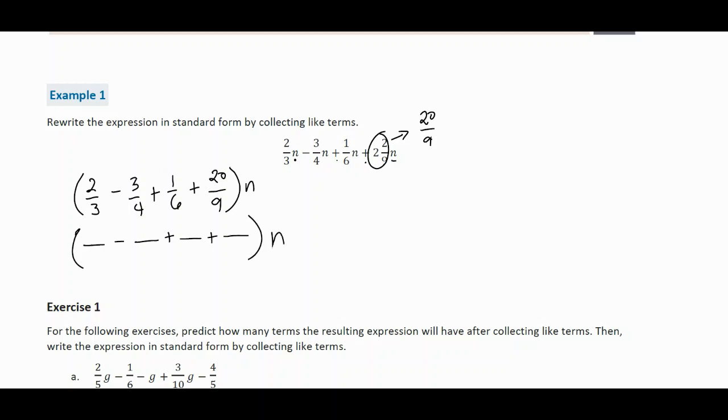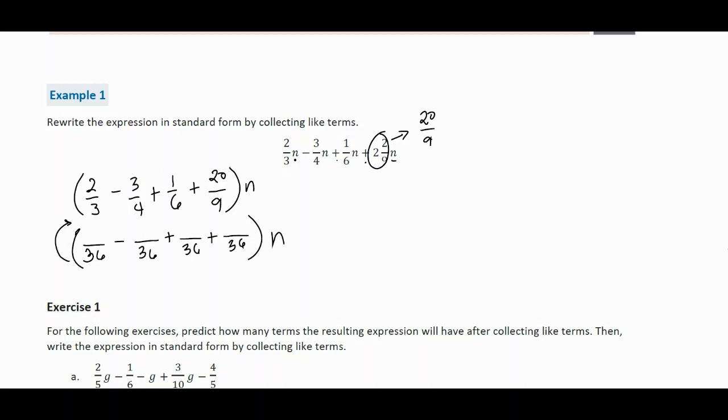Now we're going to find a least common denominator for these four numbers. As you can see, 3, 4, 6, and 9. What is the LCD of these? It is 36. 36 is divisible by 3, by 4, by 6, and the same goes with 9.